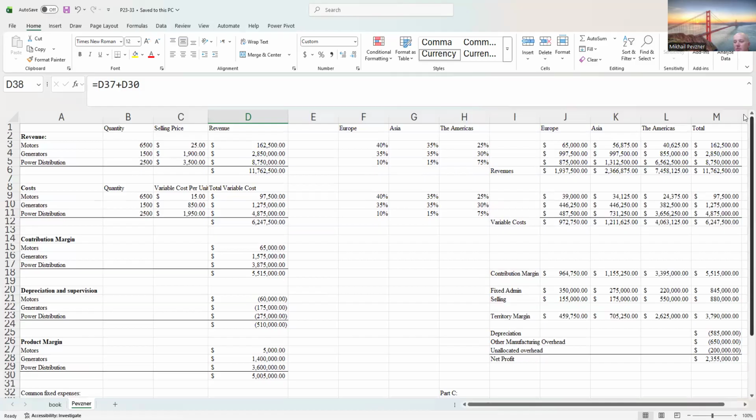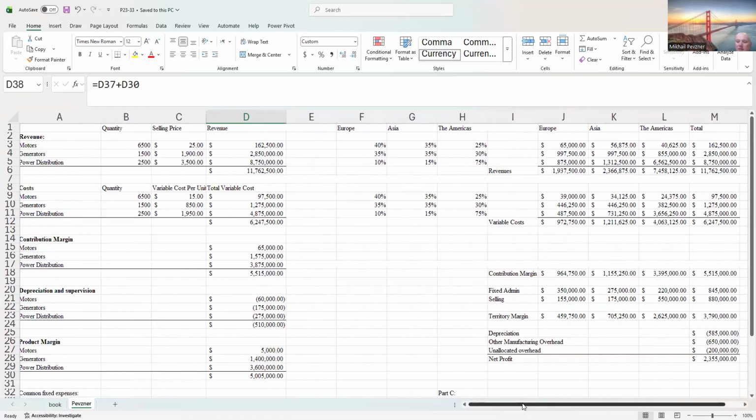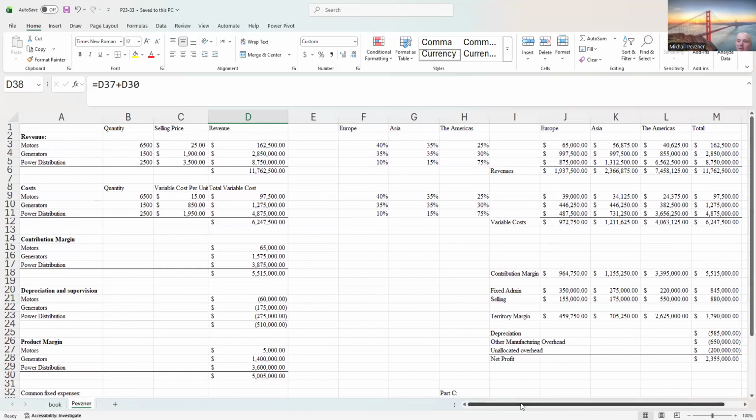Now the next step is to recast it by territory, by geographical segment. You're given information in the very first exhibit on the allocation of each product to each territory. So, for example, motors are 40% produced in Europe, 35% in Asia, 25% in Americas, right?